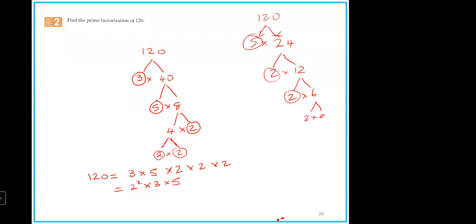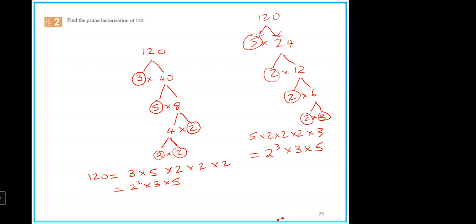So you still end up with 5 times 2 times 2 times 2 times 3. If you put that in order, you're still going to get 2 to the 3rd times 3 times 5.